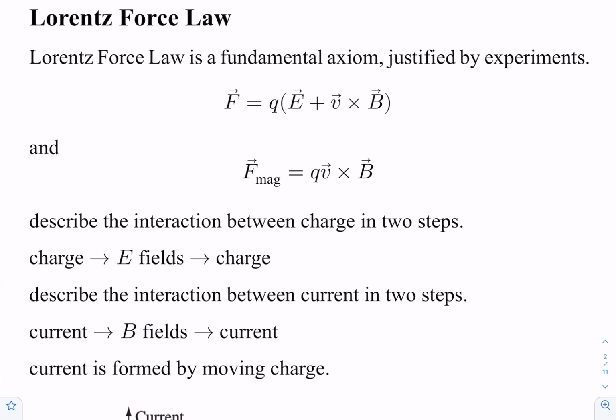We are very familiar that the force due to the E field is Q times E, and the full expression for the Lorentz force is Q times E plus V cross B. The first term is the electric force and the second is the magnetic force. The magnetic force is a cross product of V and B, where V is the velocity of a charged particle and B is the magnetic field.